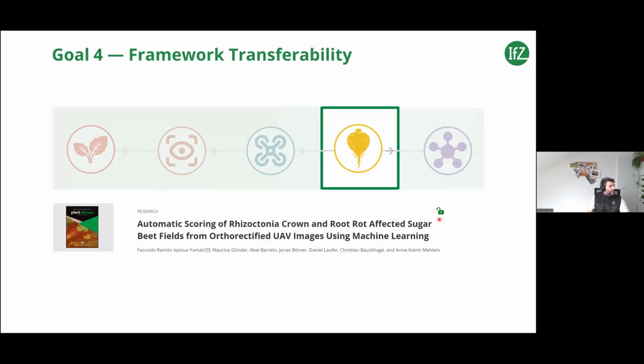But let's go to our fourth goal: to show our pipeline is a robust framework and not a model trained for one disease. We tested the transferability on Rhizoctonia crown and root rot. As I mentioned at the beginning, it's a soil-borne systemic disease.